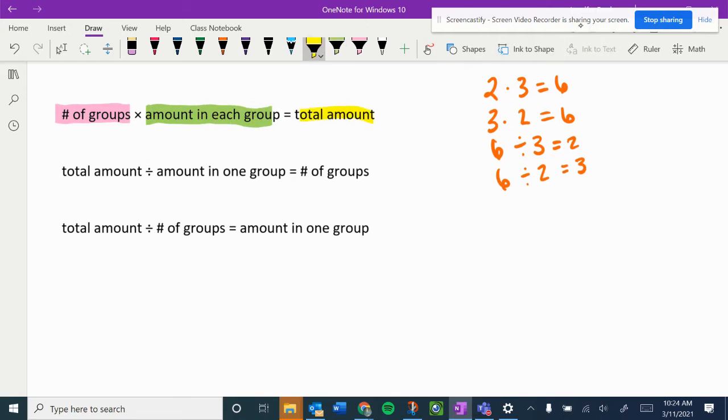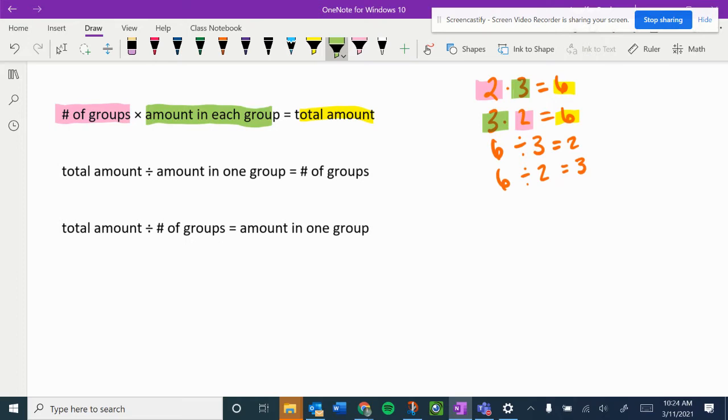And we know that multiplication is commutative, which means it doesn't matter if you go 2 times 3 or 3 times 2. 2 groups of 3 is the same thing as 3 groups of 2. It's the same amount. And so both of those work.